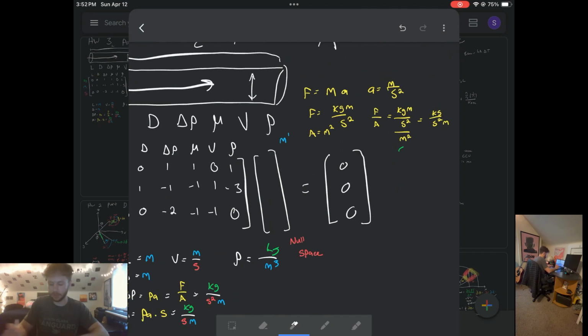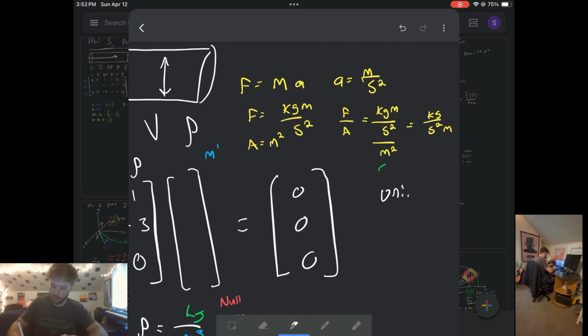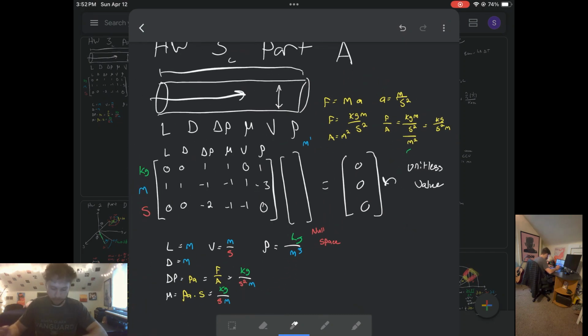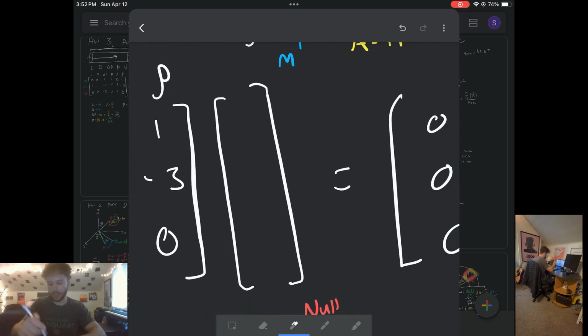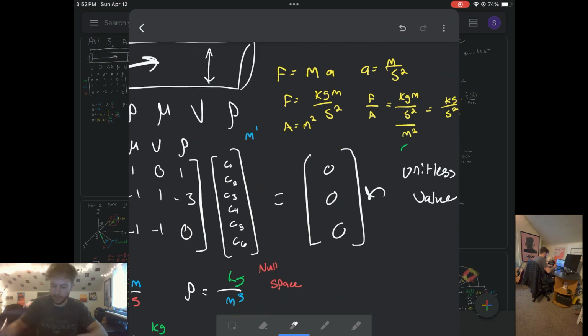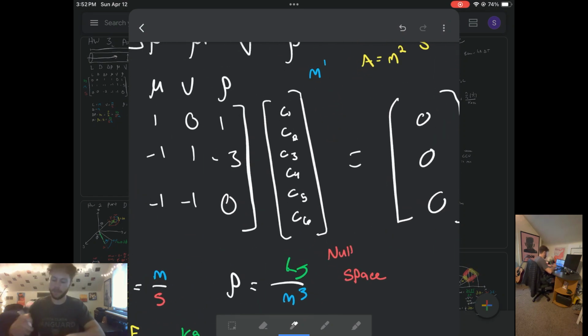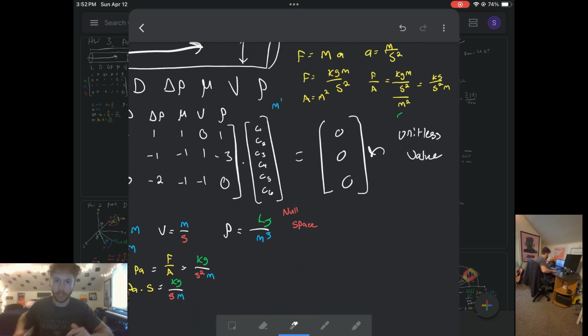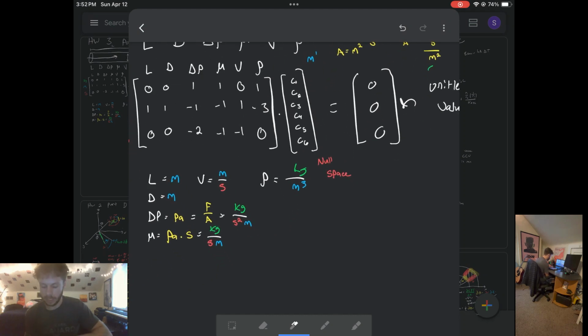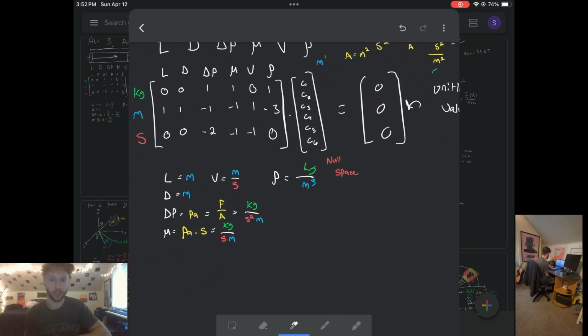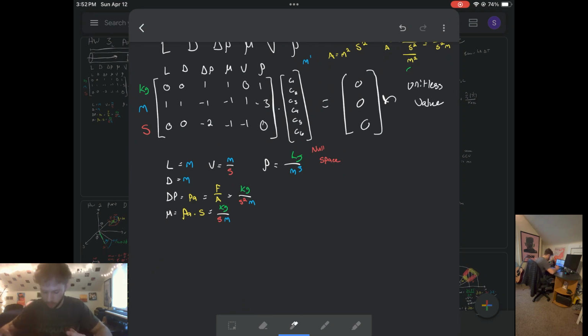So we will be unitless. This will be a unitless value, for example, Reynolds number. So there's an infinite number of values in this matrix, which we'll just say C1 through C6. And calculating them we'll have to do in Python, because it's going to be a little tricky by hand.